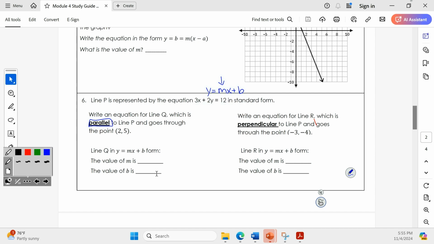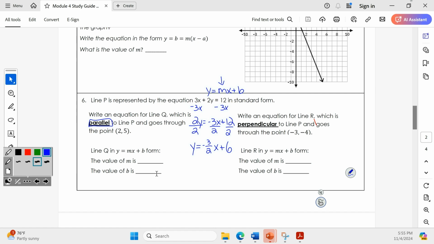So we are going to subtract 3x from both sides, and we get 2y is equal to negative 3x plus 12. And then we have to get rid of this 2, so we're going to divide by 2. And once we have it in slope-intercept form, y is equal to negative 3/2x plus 6.